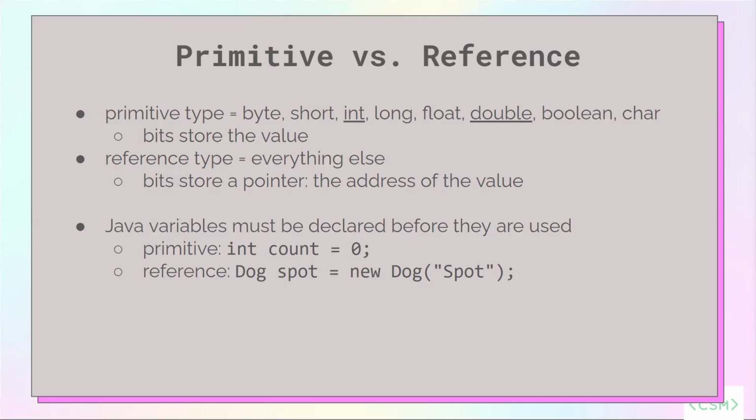Usually the common ones like lists, array lists, arrays, or anything like user created classes are all considered reference types. For reference types, we also store a certain number of bits to the variable name. However, you don't store the thing itself. You don't store the array list itself inside these bits, but you store its memory location.